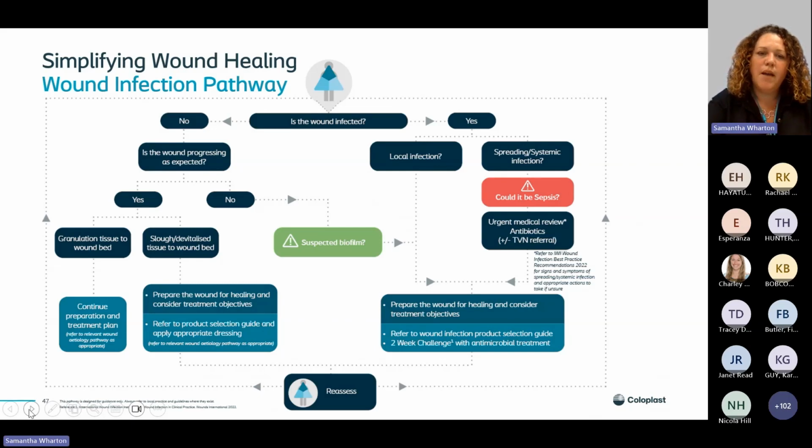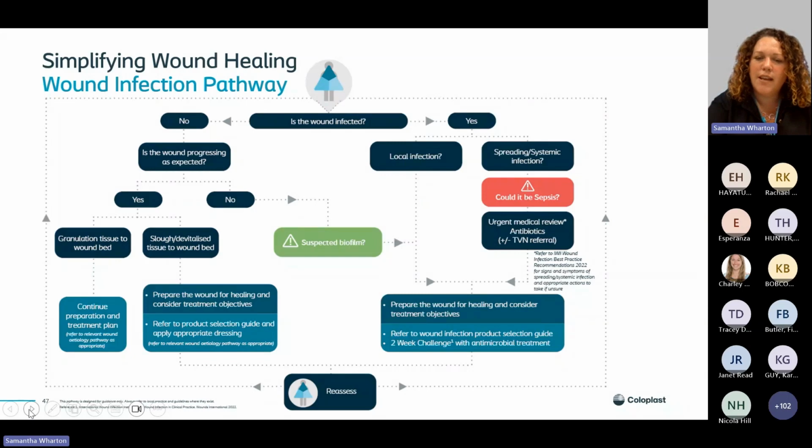If the wound doesn't have signs of infection, but it's not progressing as you would expect, it makes you think about suspected biofilm. If you feel that there may be a suspected biofilm within that wound bed, so that wound's not progressing, it's quite static, it's stuck in that inflammation stage, maybe there's large levels of exudate, there could be a biofilm there.